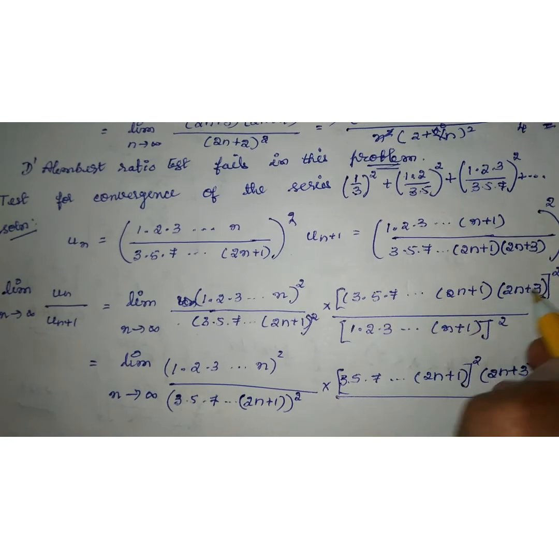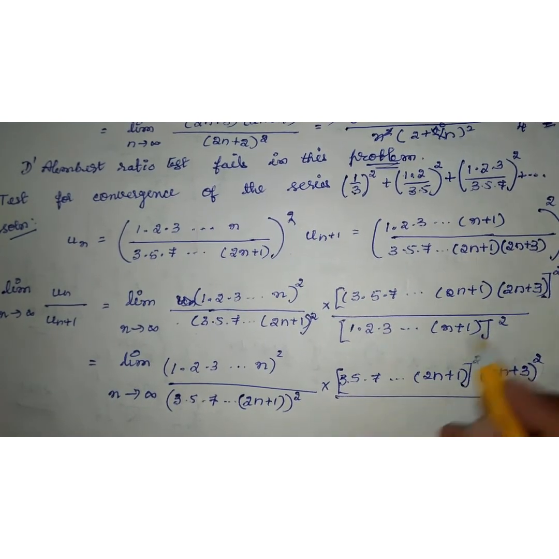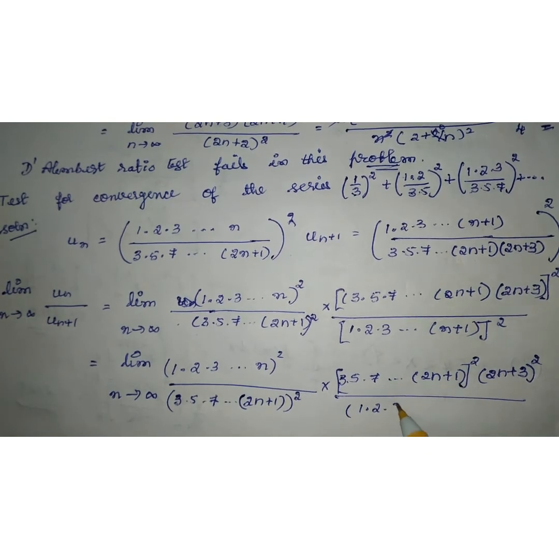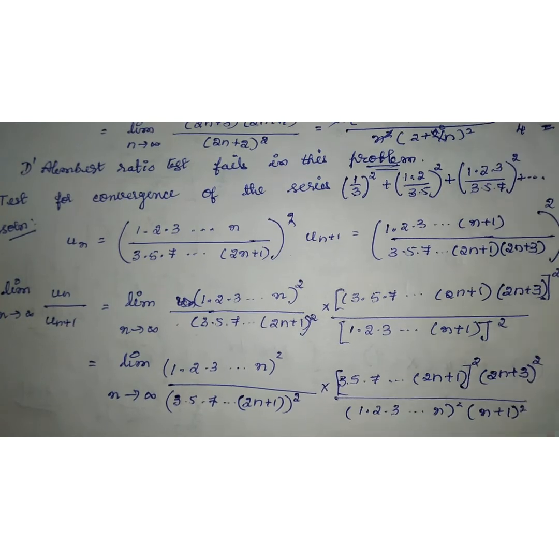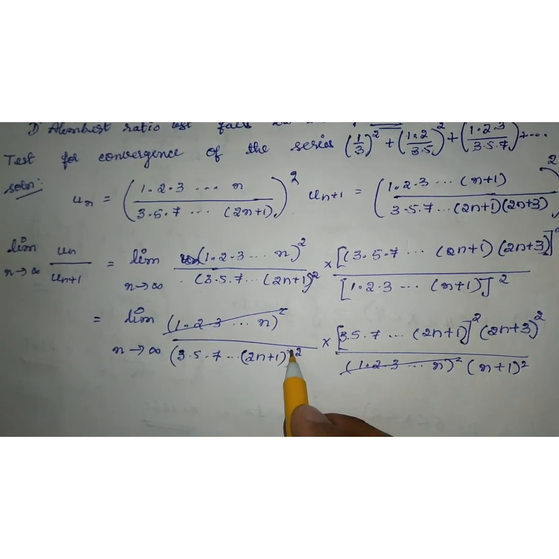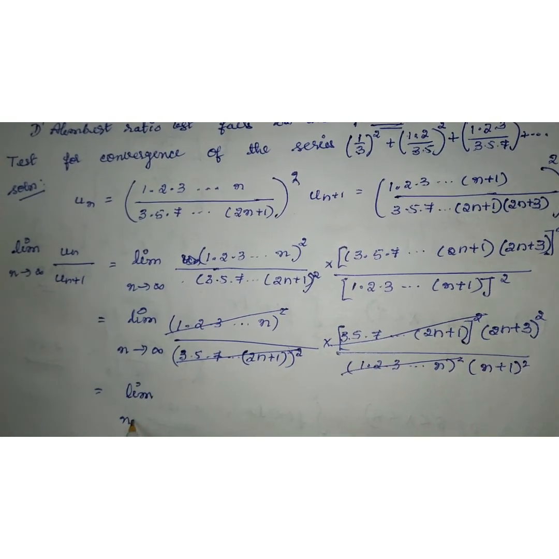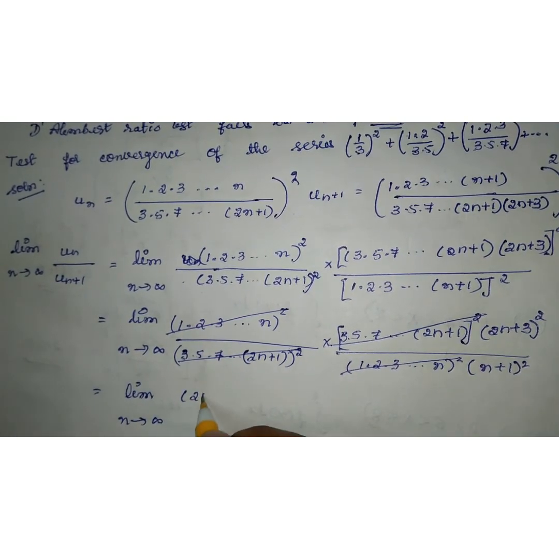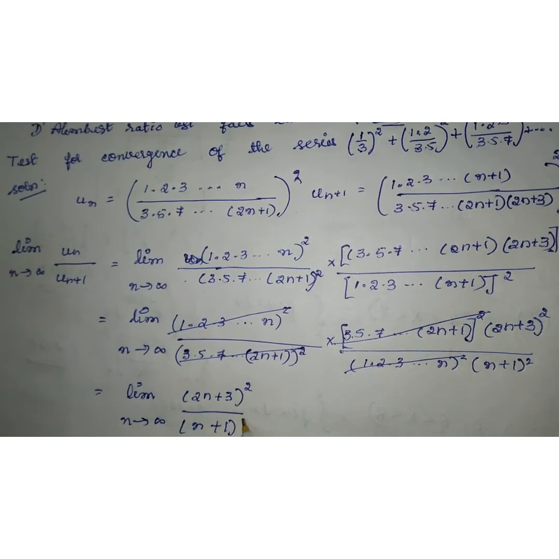Because it is a product of squares, we can take it as the square of the product. Again in the denominator, 1 into 2 into 3 etc. n whole square into n plus 1 whole square. So the terms get cancelled. You have limit n tends to infinity, 2n plus 3 whole square divided by n plus 1 whole square.